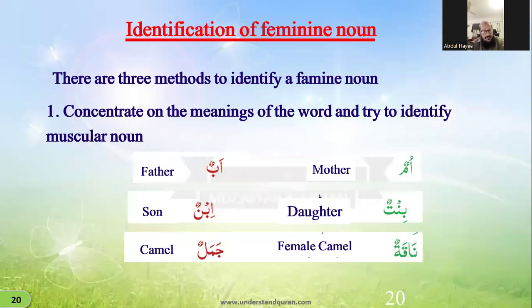There is a male and there is an opposite female. There is a masculine, there is a feminine. Father, mother, son, daughter, camel, female camel. They are the real feminine.